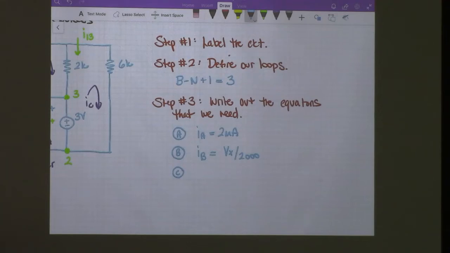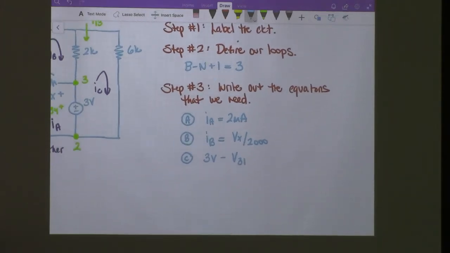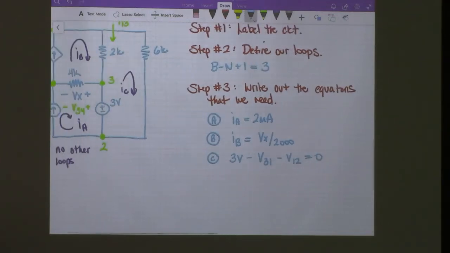And so what I'm going to do is write that out. So we will have 3 volts minus V31 minus V12 equals 0. Now, why are the signs as such?